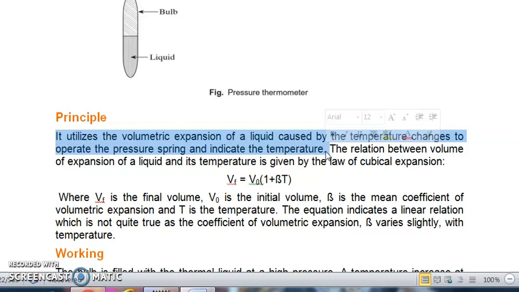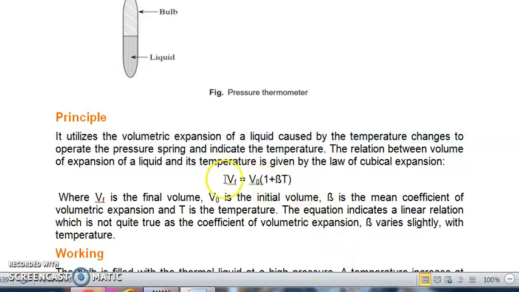Okay, volumetric expansion of liquid. Here in the bulb, this liquid is expanding its volume, so that will be responsible for the indication of temperature change in the scale. And what is that relation?